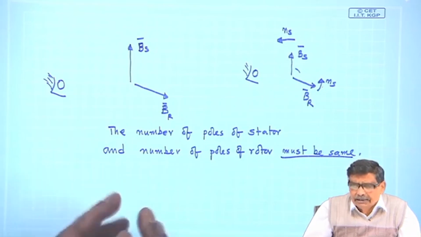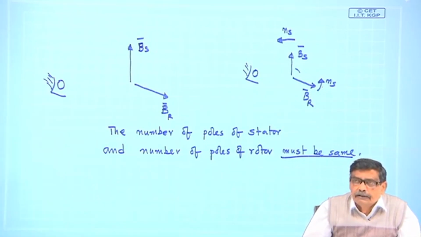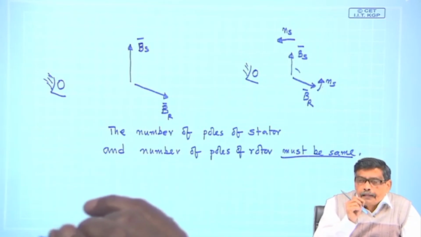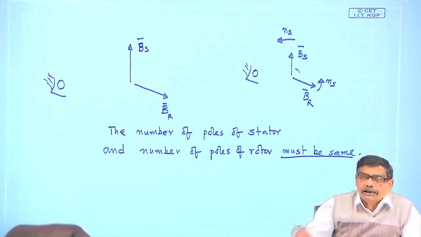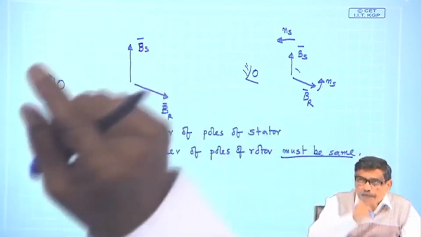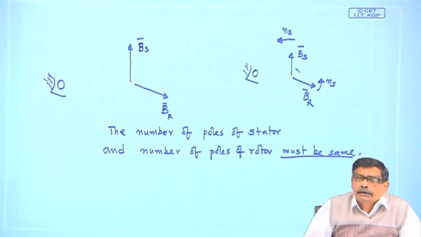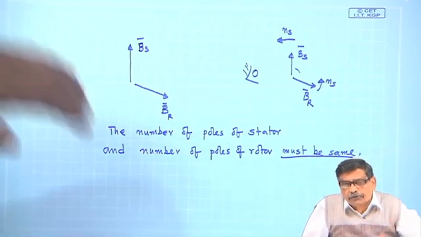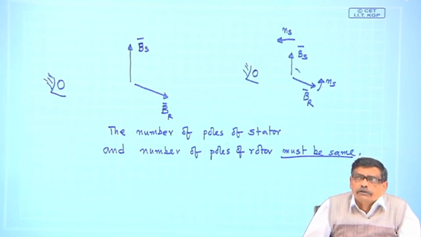There cannot be a situation where 5 poles are created by a stator, because the lines of force from a north pole must close their path via a south pole, lines of force coming must enter a south pole. So, the number of poles cannot be odd, always even.